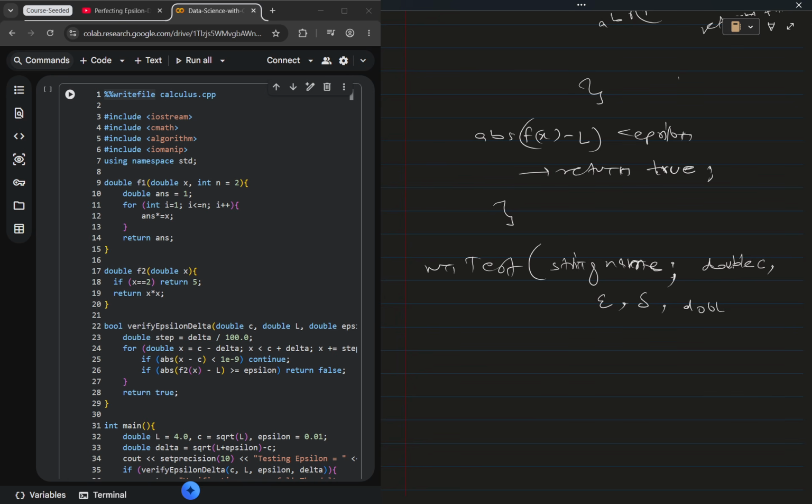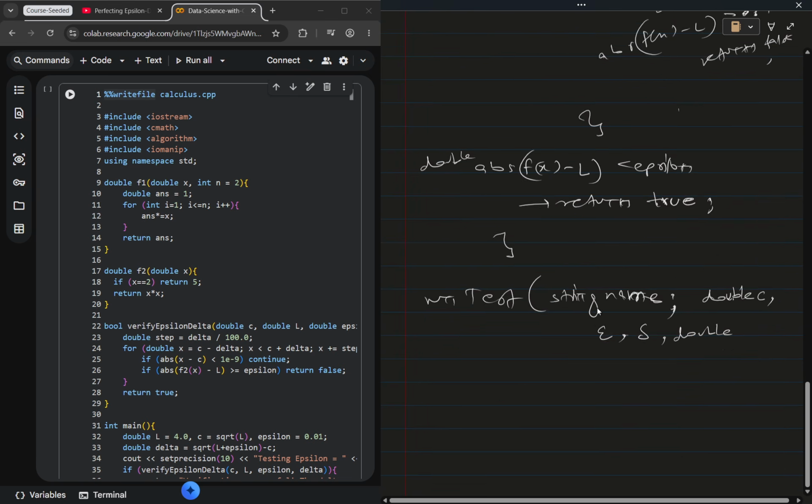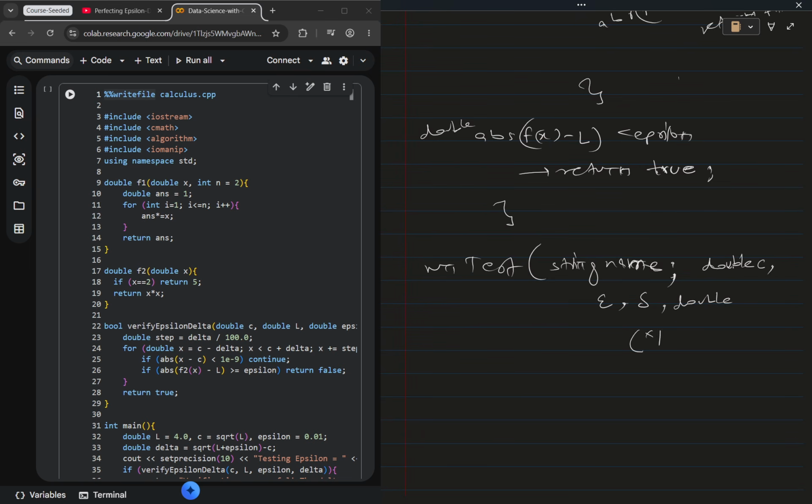To do that, you can just write the data type of that function. Suppose I write double. Let's say f3 was a double function. Where is f3? Yes, so this was your double data type. So what you can do is write double, then take function, and write double inside that. So what the function returns and what the function is: you have to take this, and these two are your parameters, in a way, where the first parameter is your data type and the second parameter is your return data type.